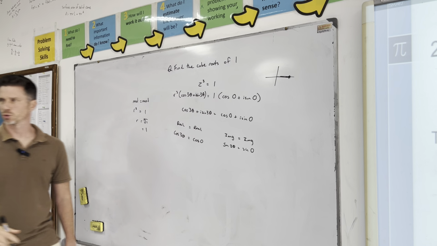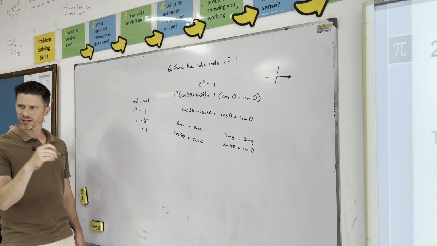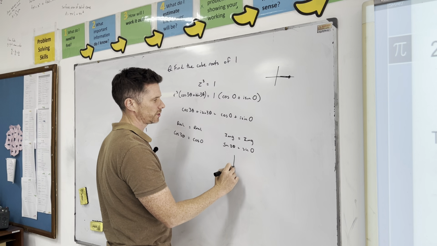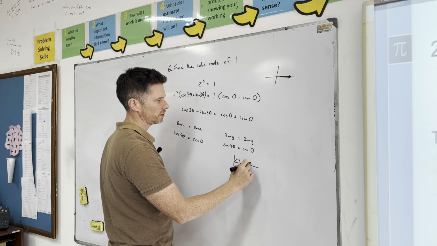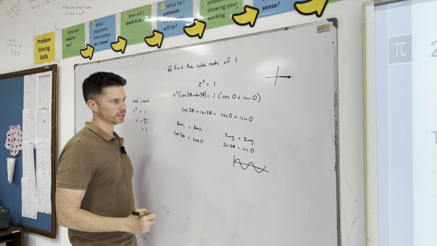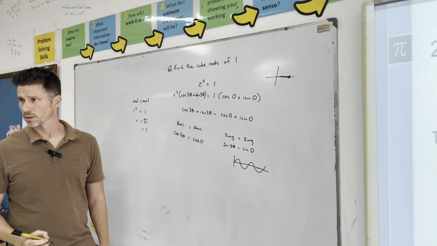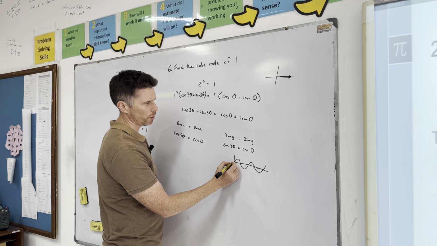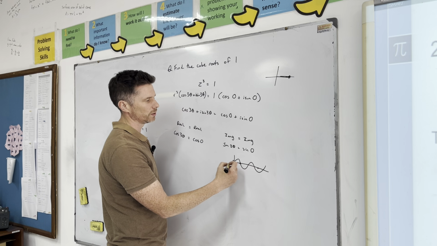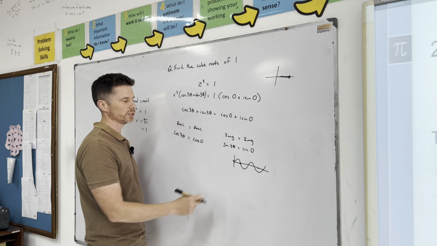Okay. So we're going to look at the shape of these graphs. In general, the shape of a sine graph starts here and it repeats, or sorry, it is 0 how often? Well, how often does it hit 0? What's the distance between these two?